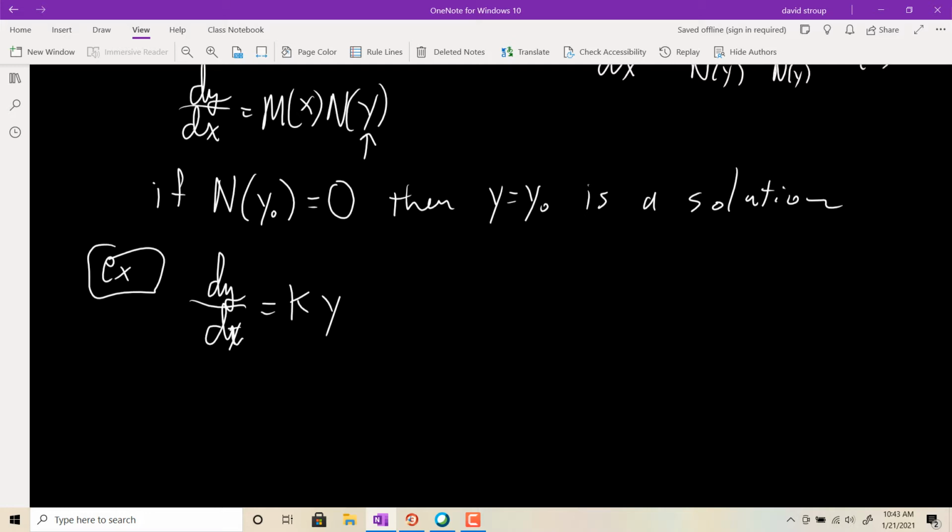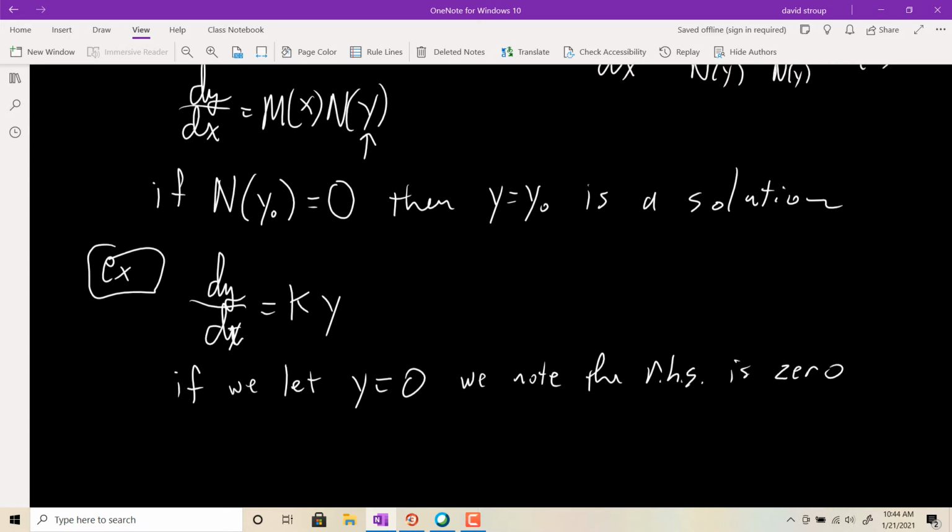And we notice that if we let y equal 0, then that right-hand side just becomes 0. So that becomes a solution. This means y equals 0 is a solution.